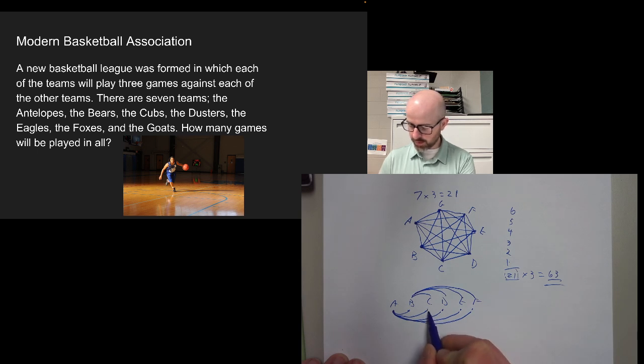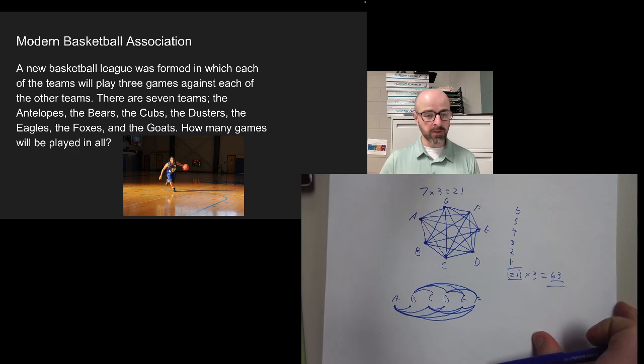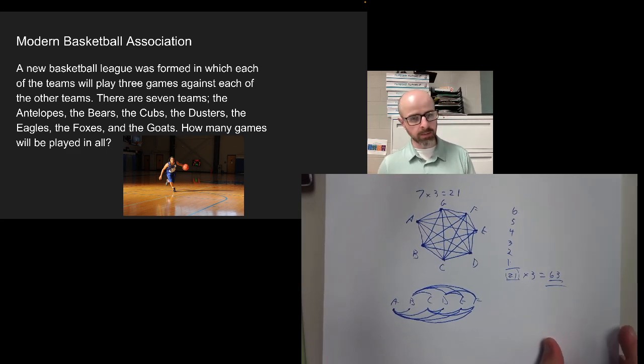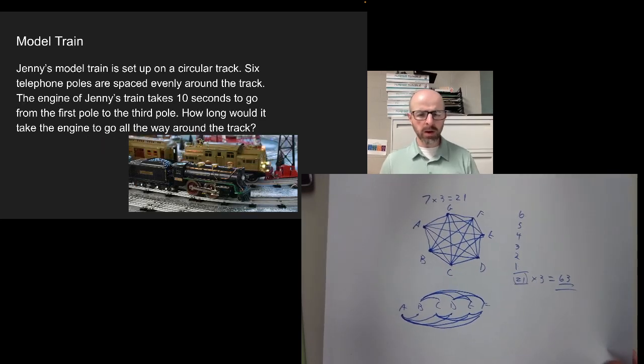Then we can have the Cubs play against every team. And then the Dusters. And then the Eagles, right? And we would still find 21 lines in how we do that. So that's pretty cool. That's one way to represent that visually. Then it makes it really easy to see how many games need to be played. Let's go on to the next one.